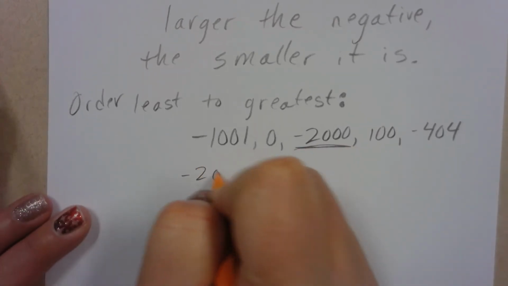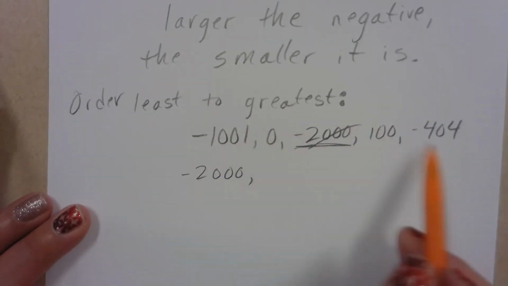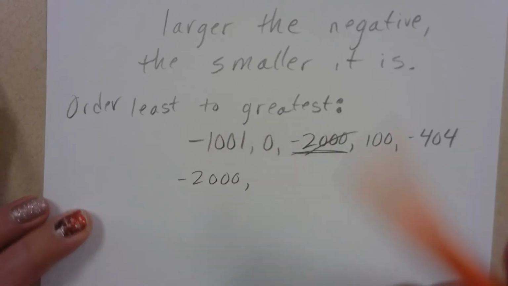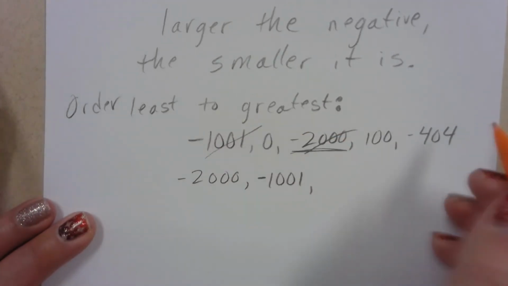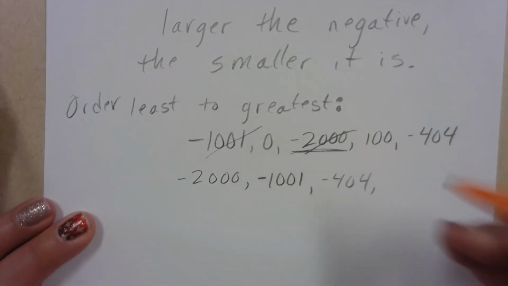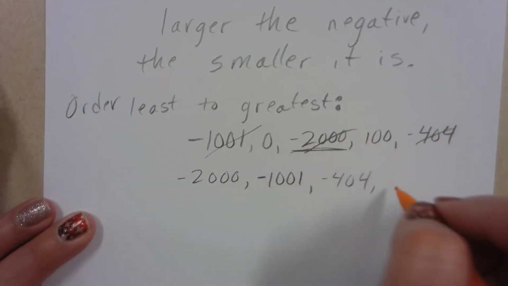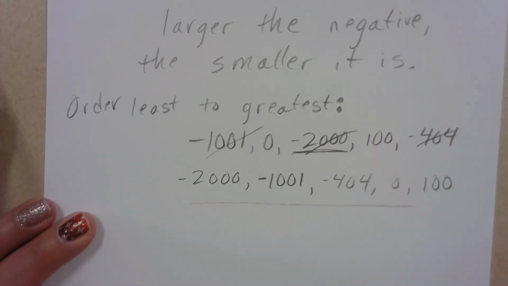So I'm going to go -2000. I'm done with that. Now I have these two. This is the larger negative, so it's actually the next smallest. So this one's done, -404. And then I have 0 and 100. Well, 0 and then 100. So now I've gone in order from least to greatest.